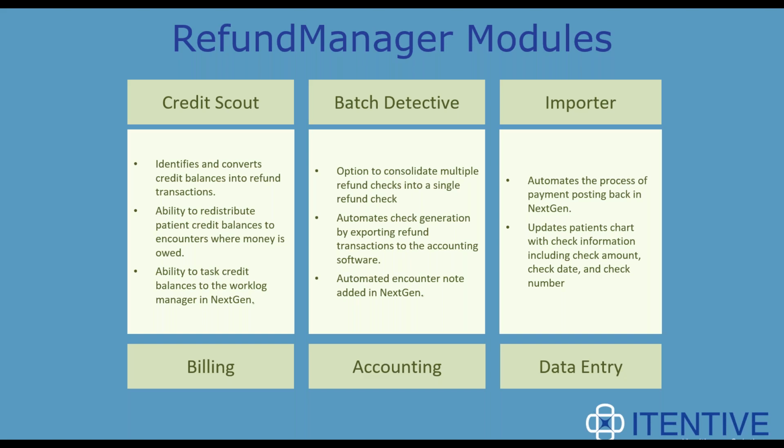And then the Importer module, the last module that you'll see in the demonstration, is the module that brings the printed check information, as far as the check number, check date, check amount, bring that over and update the patient account in NextGen with that information. So you'll see these three modules in action in the demonstration.